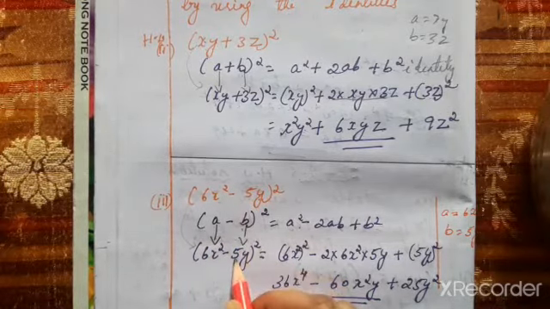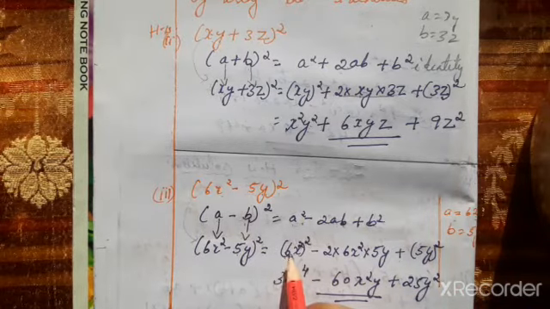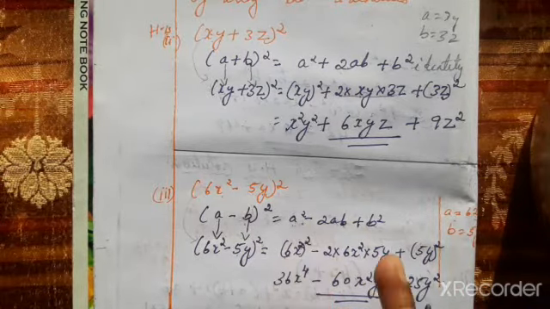a² means (6x²)², minus 2 into a value 6x² into b value 5y², plus b², which is (5y²)². Now (6x²)² means 6x² multiplied by 6x² two times.